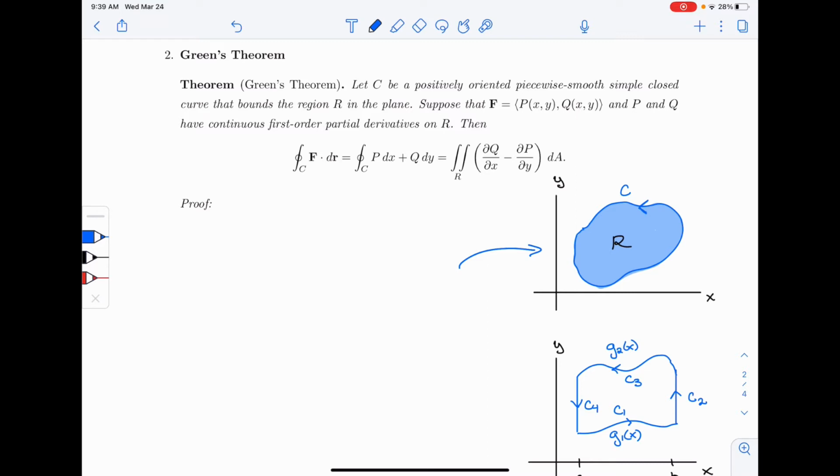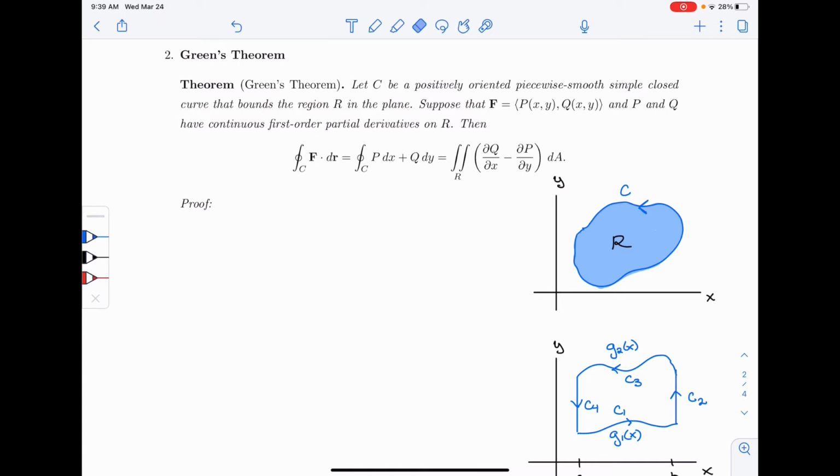And then suppose that F is a vector field, P Q, and that P and Q have continuous first-order partial derivatives on R. So both P and Q are differentiable. They both have partial derivatives with respect to x and y that are continuous.